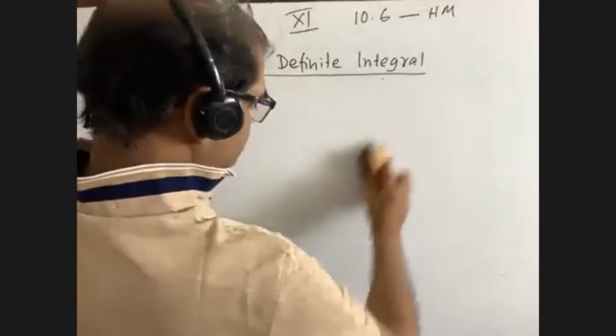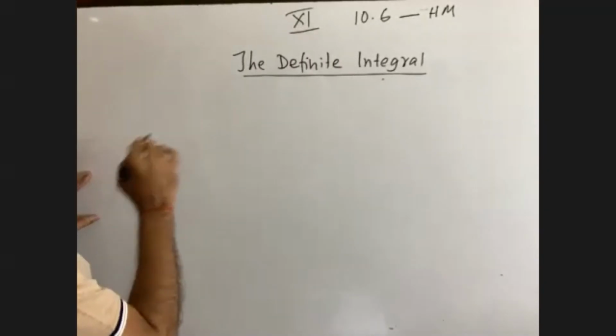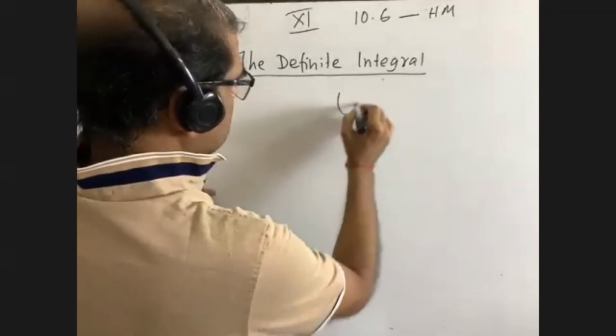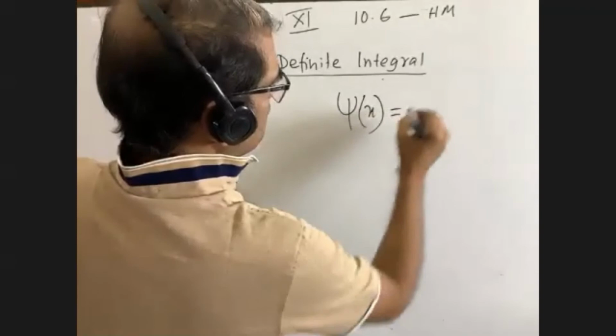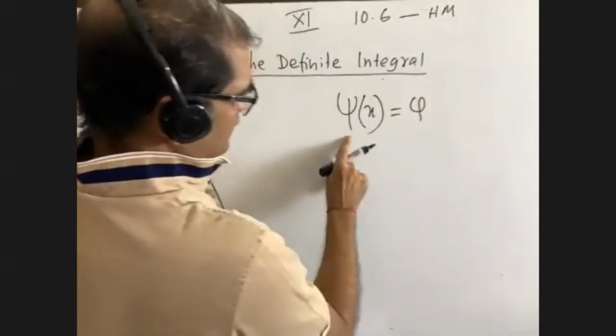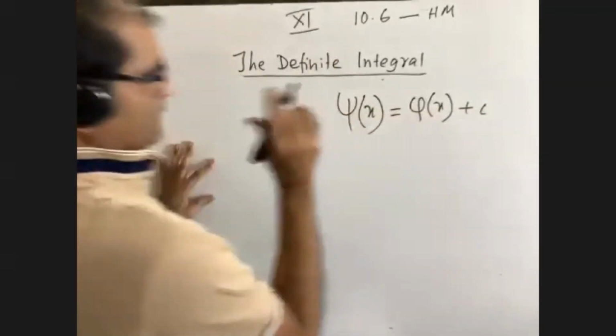You see, suppose we let psi x be equal to phi x plus c. We have taken another rule.